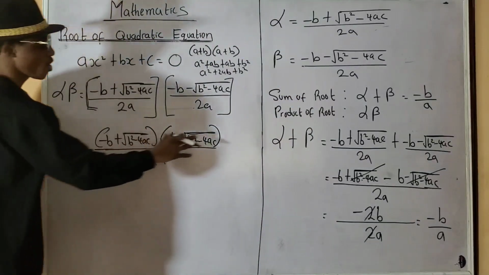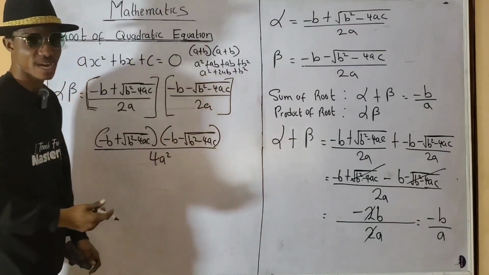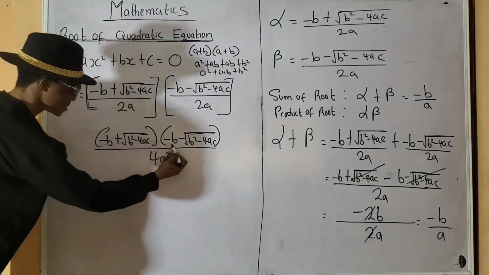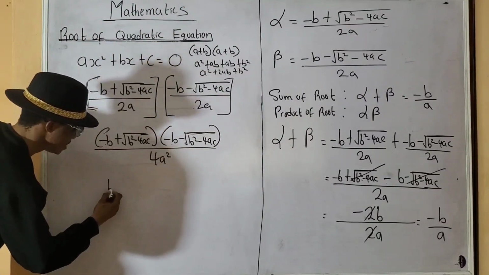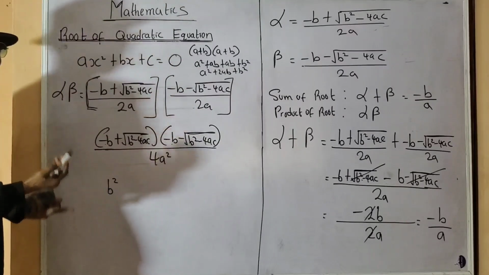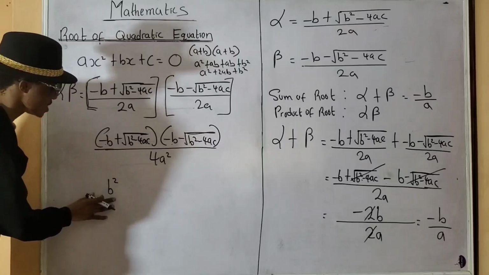Minus b will multiply all the parameters inside the second bracket. So let's start. For this, I'm going to have negative b times negative b. That is what? b squared. Because minus multiplied by minus will give us a positive value. So I'm going to have b squared here.